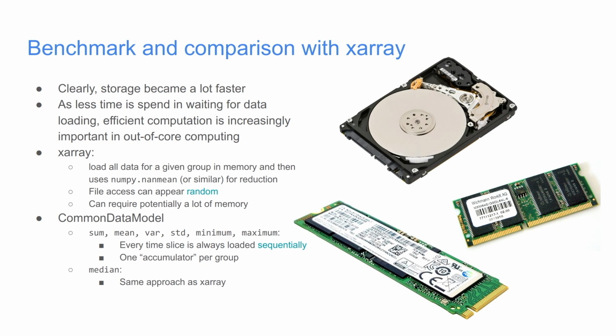For the median, for instance, I don't think that you can do the same approach, so there I also use non-sequential access to the data, as in Xarray. But I think that mean, variance, and standard deviation are so common that it's well worth implementing a quick optimized version for them.